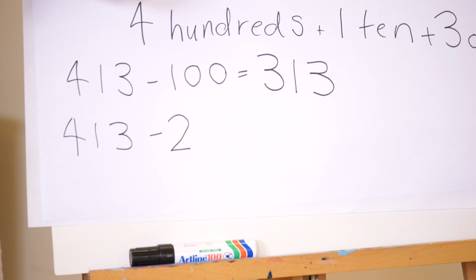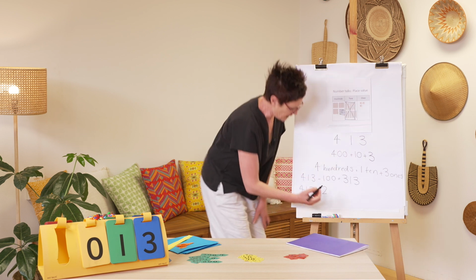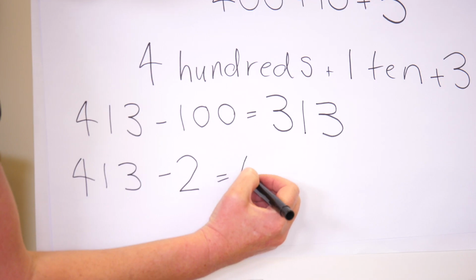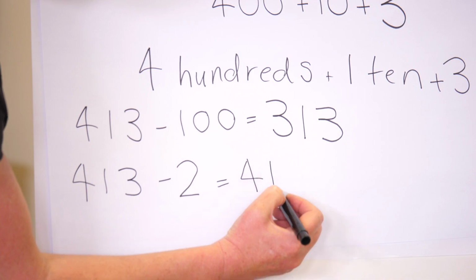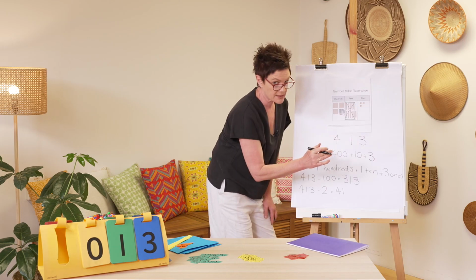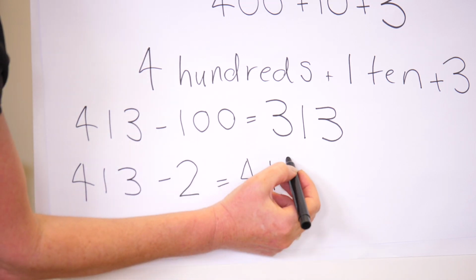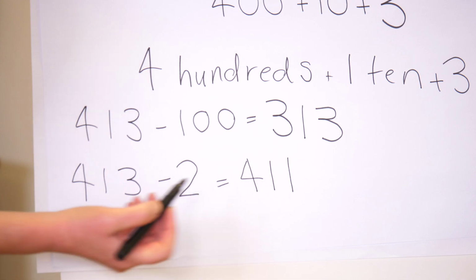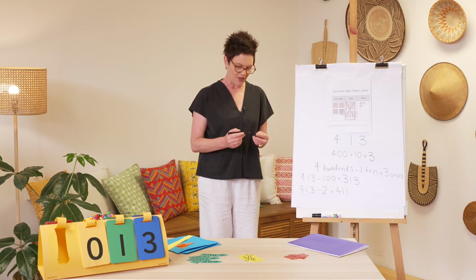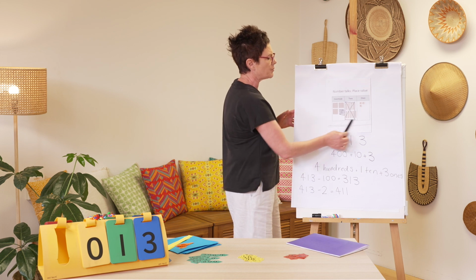I can see it is 4, 1, 3. Let's write that out. Equals 4, 1, take away 2. Check my answer. Take away 2 will be 411. I hope you got that right, and I hope you had fun looking at our place value number talk.